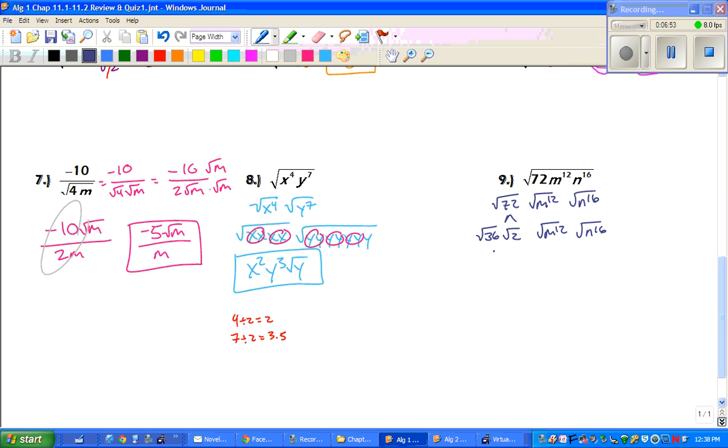The square root of 36 is 6 root 2. 12 divided by 2 is 6. And 16 divided by 2 is 8. The last step is to write all of this out, and you get 6 m^6 and 8 root 2. And that's your final answer.